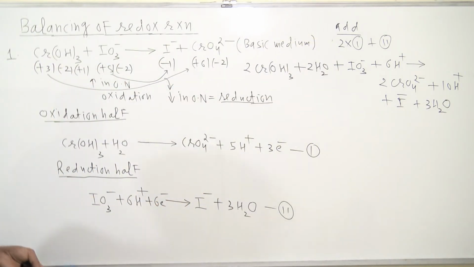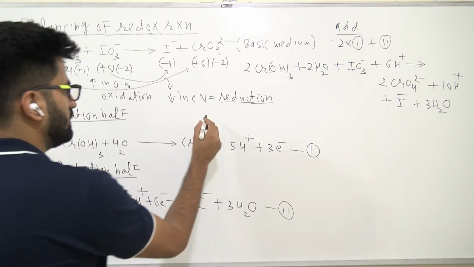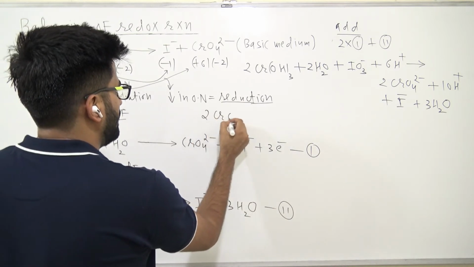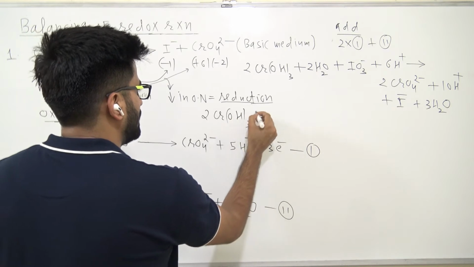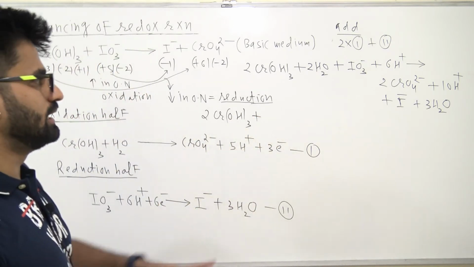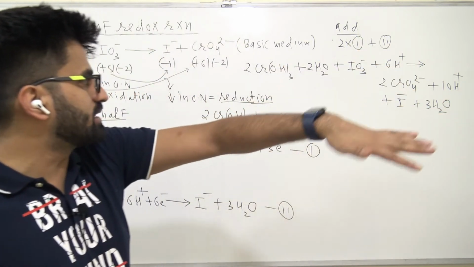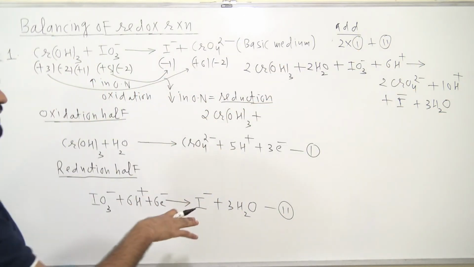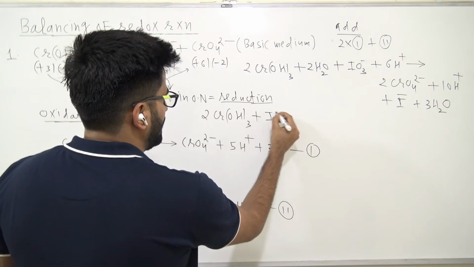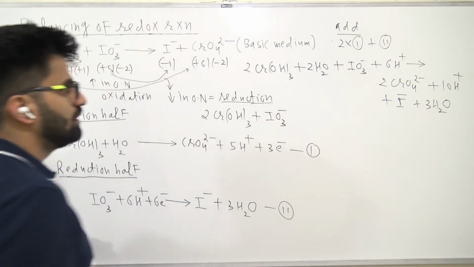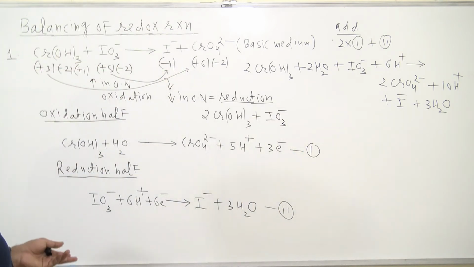So let me rearrange it properly, right? So now I'm writing like this: 2 CrOH thrice. Now count water molecules. See, 2 water molecules here and 3 water molecules here. So on the product side, I will get 1 water molecule. So we will write like this: IO3 minus, right, guys?